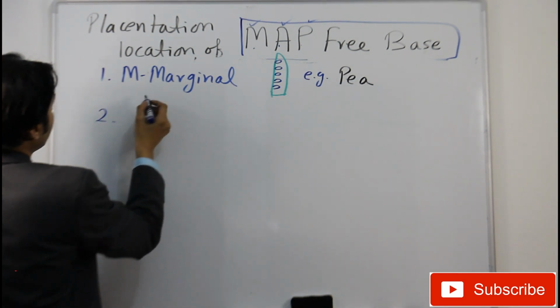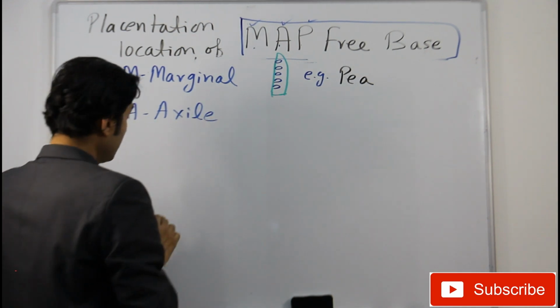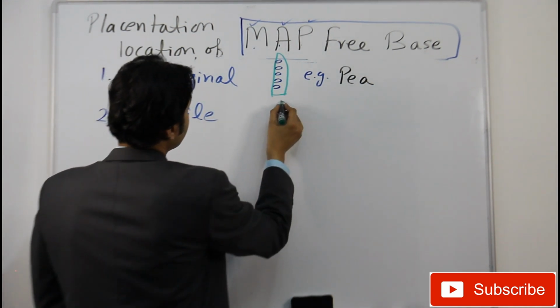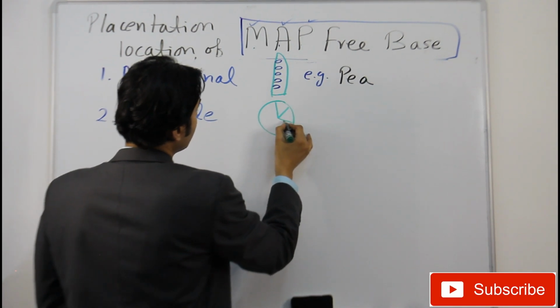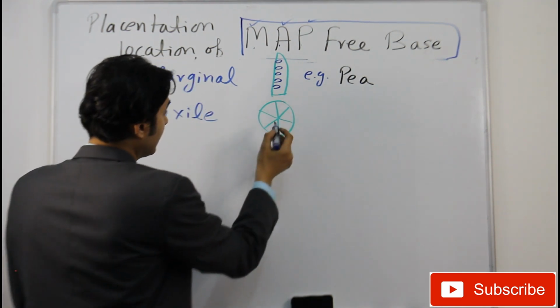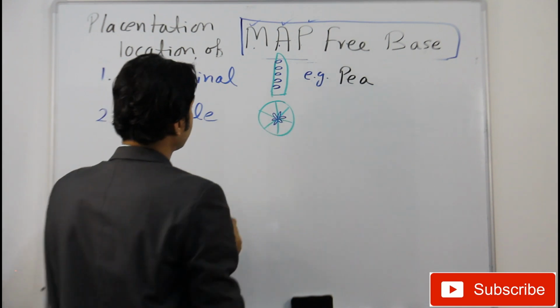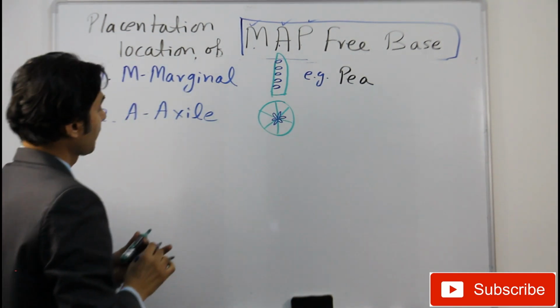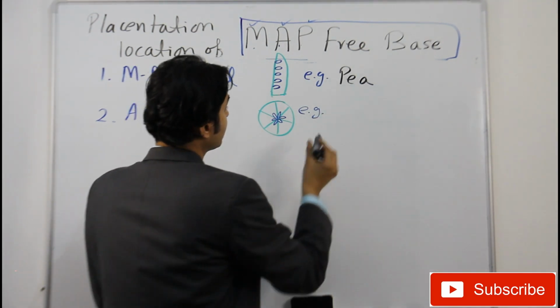Number 2, A means axial. They are in the axis, the central part. So as we said, many carpels are fused like this, and in the axis, in the center, ovules are attached, axial. Example, citrus plants.